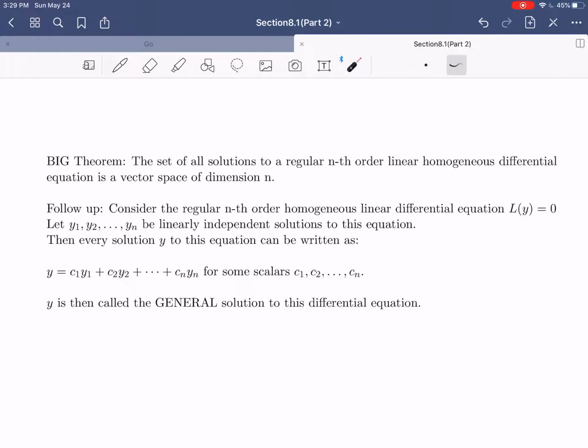This ties back into a concept we introduced at the very start of our class when we first were investigating differential equations. We said that some differential equations had general solutions and some did not, and that having a general solution is a really big benefit. We said that in general, linear differential equations do have general solutions.